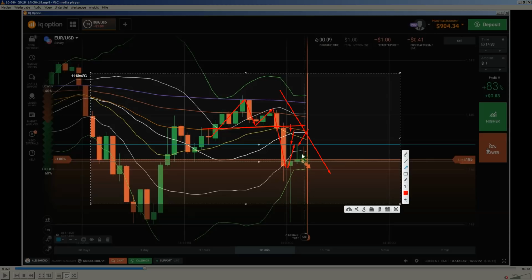We got here a pullback from the 1 deviation Bollinger band, and this candle here is showing that we are getting a trend continuation. If we would get a pullback to the 50 EMA, it would look a little bit different. Then this candle would not be such a weak candle, it would have been a stronger bullish candle, and then I would not enter into a trend continuation.